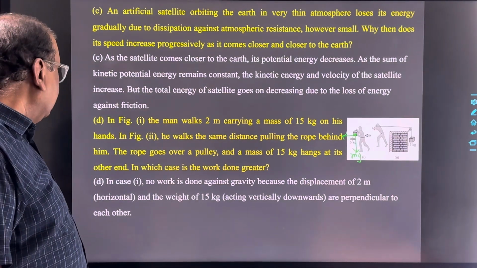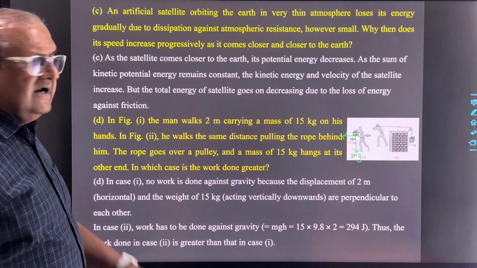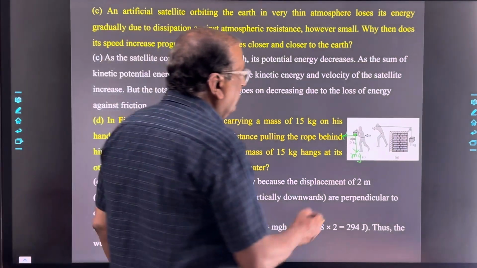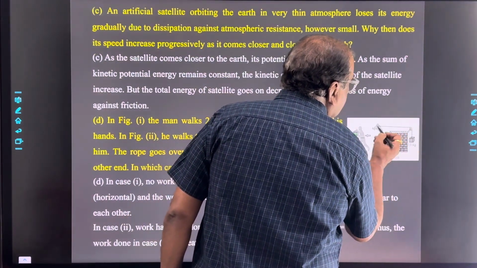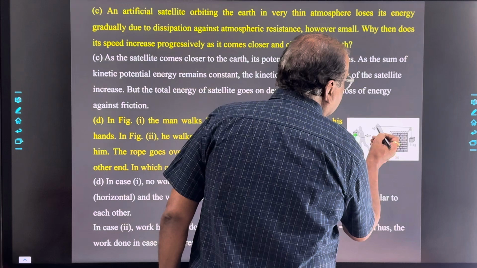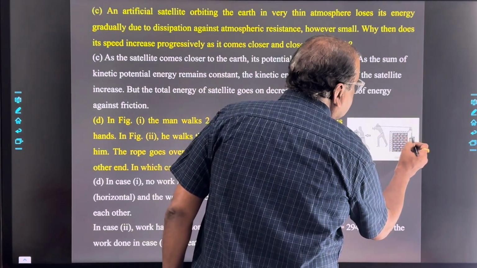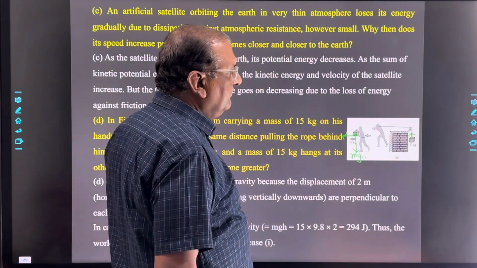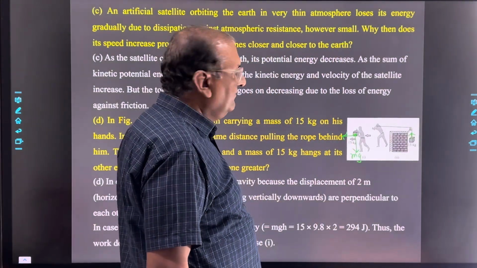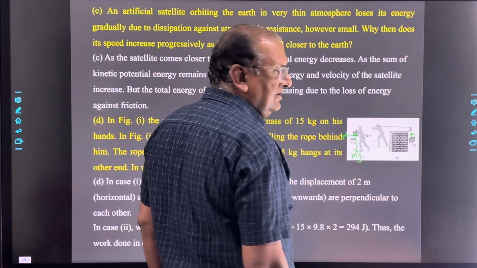Clear? But now if we think about the second case, see here, the man is applying force on this particular object by this rope. So here the pulling force is in the upward direction, and the displacement is also in the upward direction.